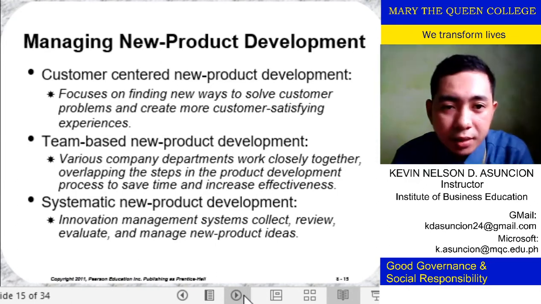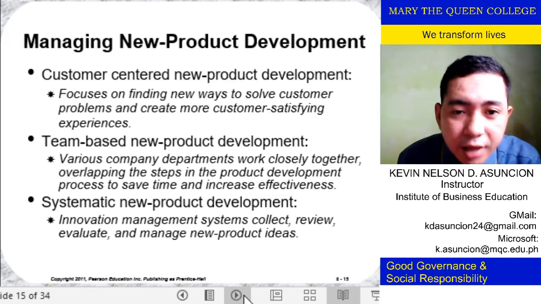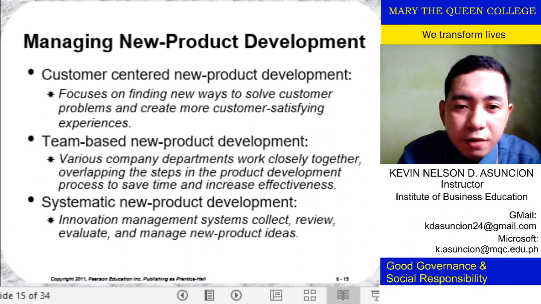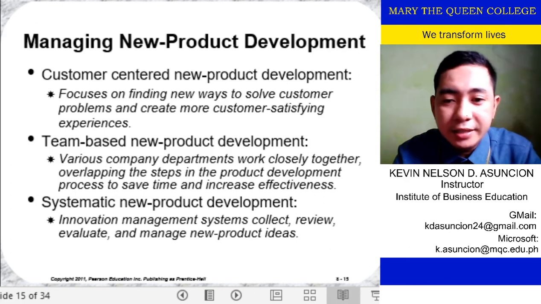Okay? So, there's what we call team-based new product development. That's where various company departments work closely together, overlapping the steps in the product development process to save time and increase effectiveness.